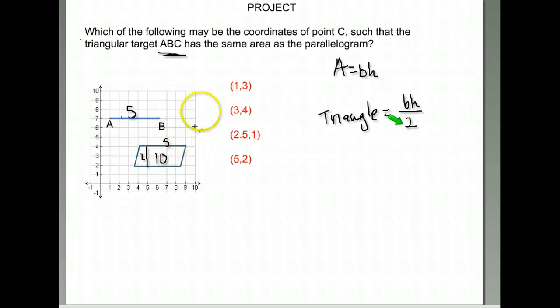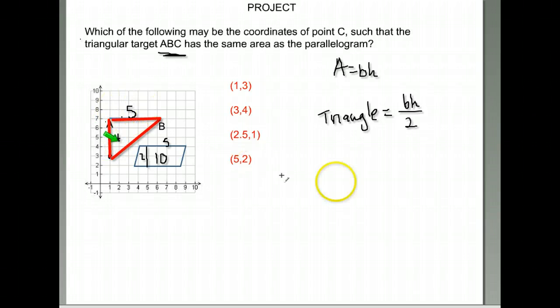The other thing that you can do is try each of these vertices and see which one gives you the right answer. You can always do trial and error. So let's say C was at 1, 3, and I had this triangle. What would its area be? Well, the base is 5, the height is, count the units, 1, 2, 3, 4.